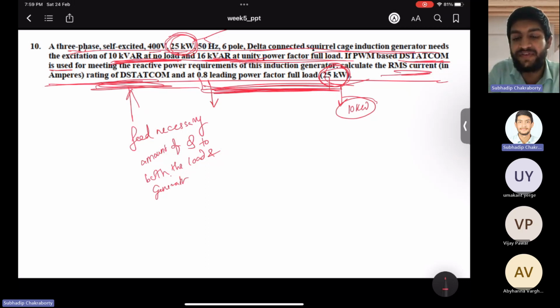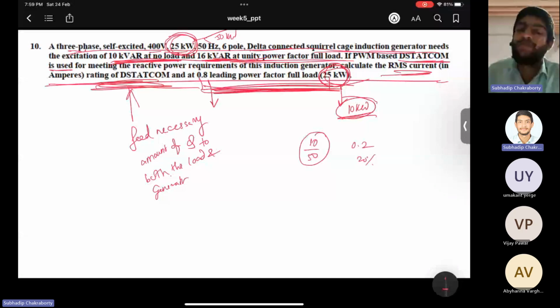For example, if it was a 50 kilowatt generator and the load was 10 kilowatts, what was the loading on the generator in terms of percentage? 10 by 50, so it is 0.2 or 20% loading. So if I give you data for 10%, 20%, 30%, 40%, 50%, and also 100% loading, you should be able to pick the reactive power requirement at 20% loading. That is the reactive power your DSTATCOM has to provide the induction generator to build up rated voltage at that particular loading.